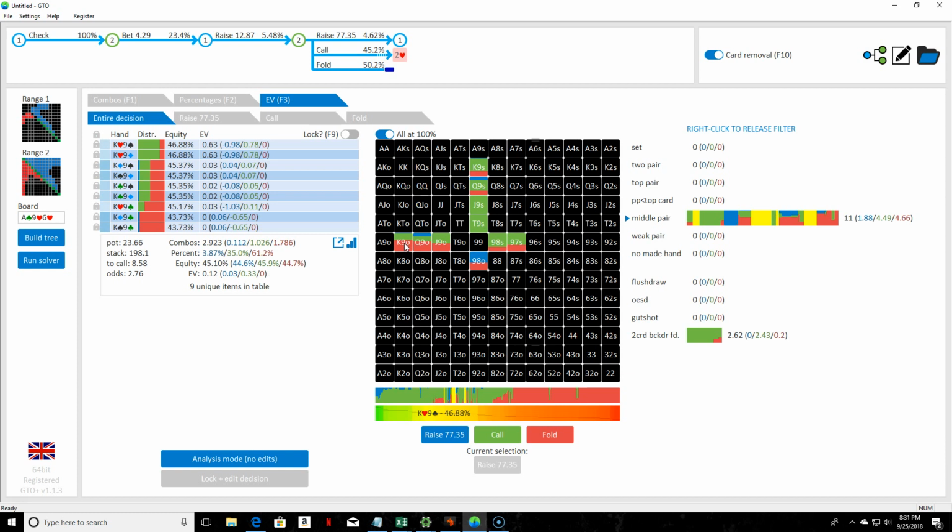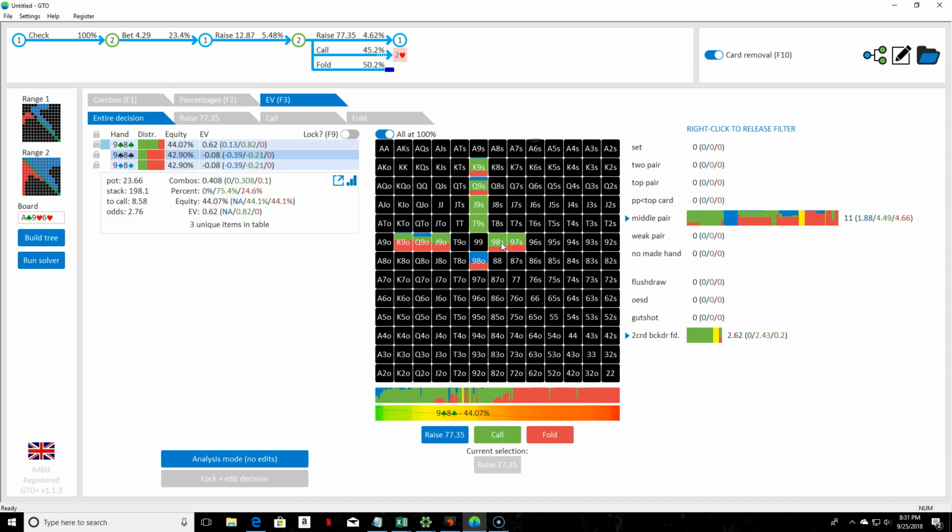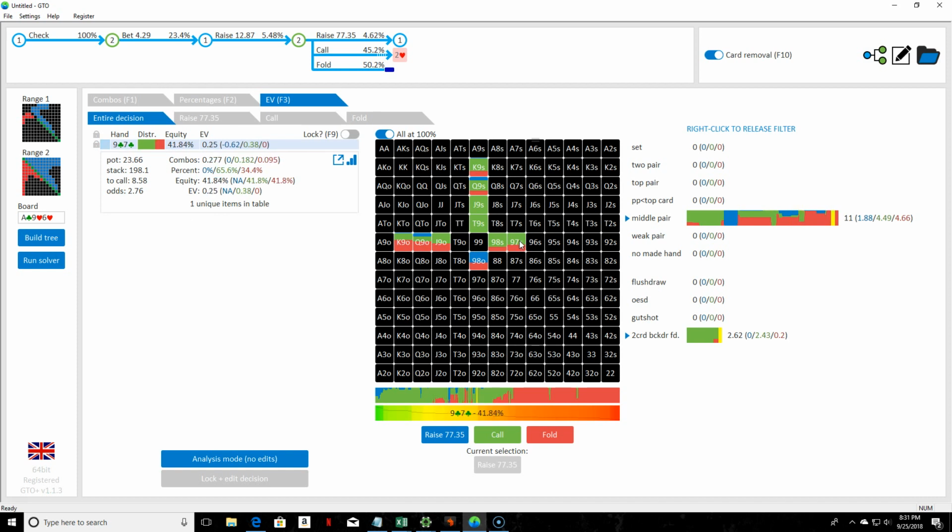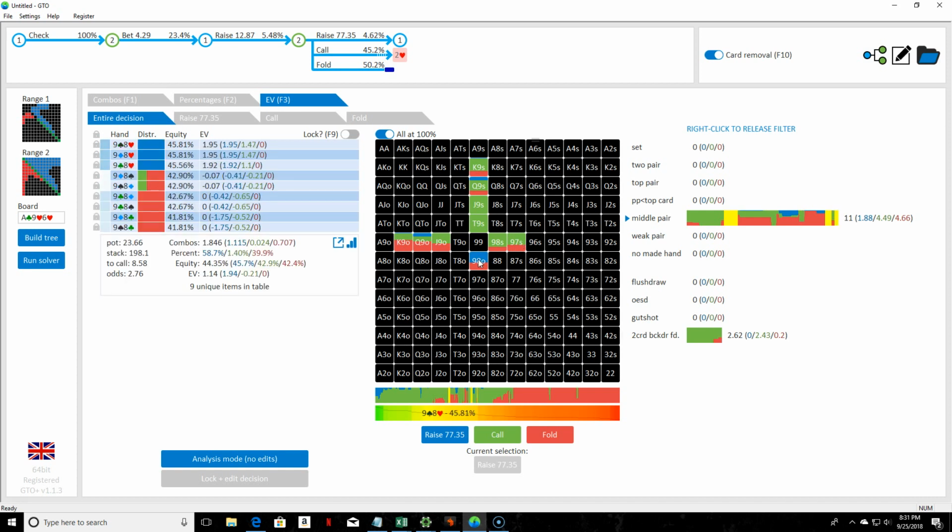Any hands with hearts. Here the clubs obviously aren't going to be as appetizing because we don't have any draws there. So really the hands we'd be calling with are the hands with hearts. Obviously 9-8 clubs, backdoor flush draw, we'd want to call those hands. So the middle pairs that have some kind of implied odds is what we're looking at.